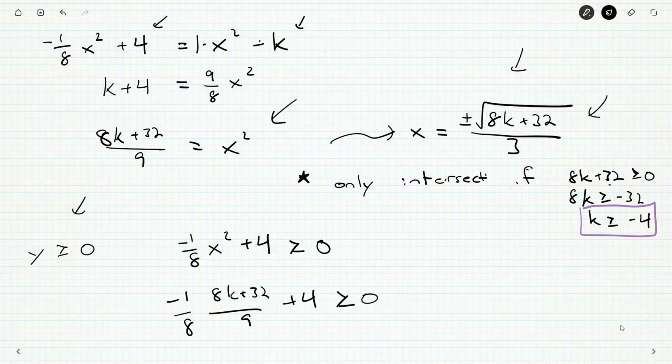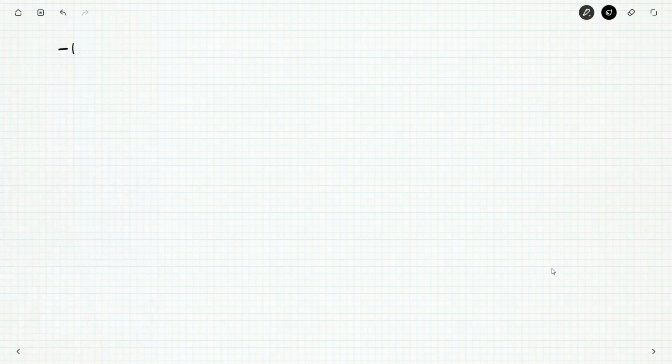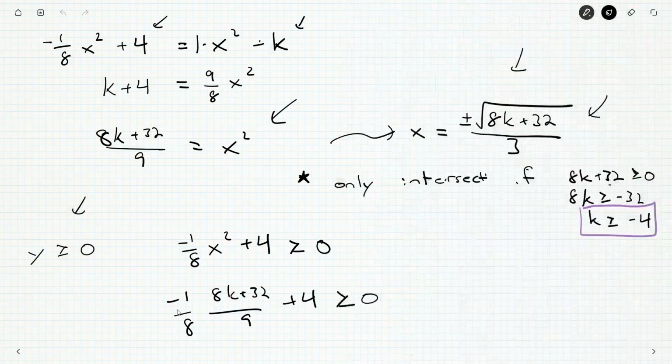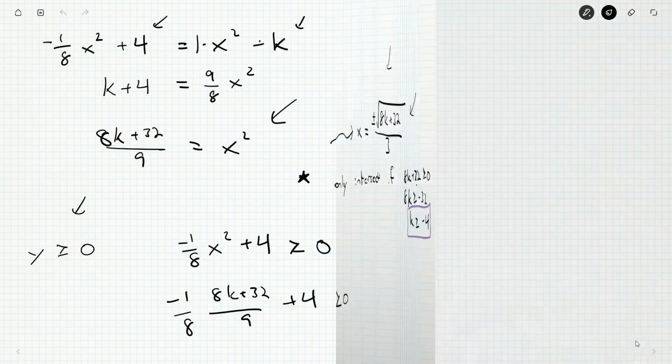We'll divide by 8 on top and bottom, so we'll get -1 times k plus 4 over 9, plus 4, has to be greater than or equal to 0. Just want to make sure I copied that right. Yep. Okay, and now I'm going to divide by -1, and this will flip the sign.